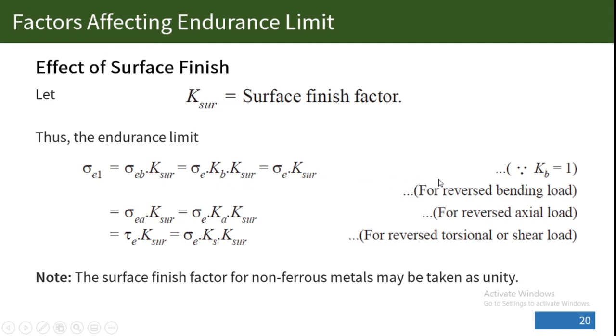And since the value of the load correction factor for bending, or K sub B, is usually taken as unity, or 1, therefore the value of sigma sub E1 is simply equal to the endurance limit of the material times the surface finish factor.